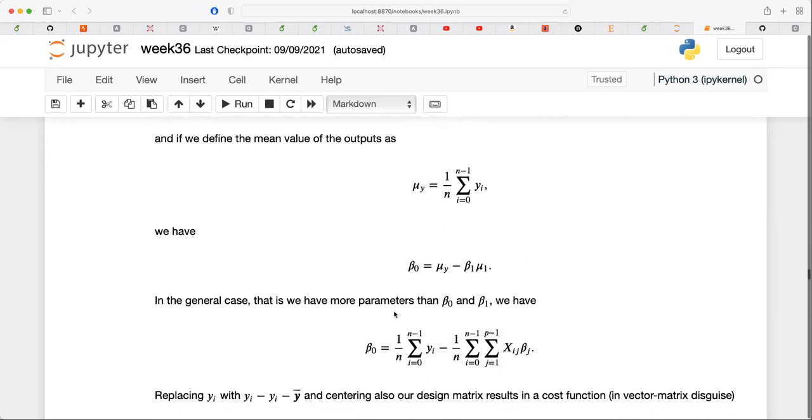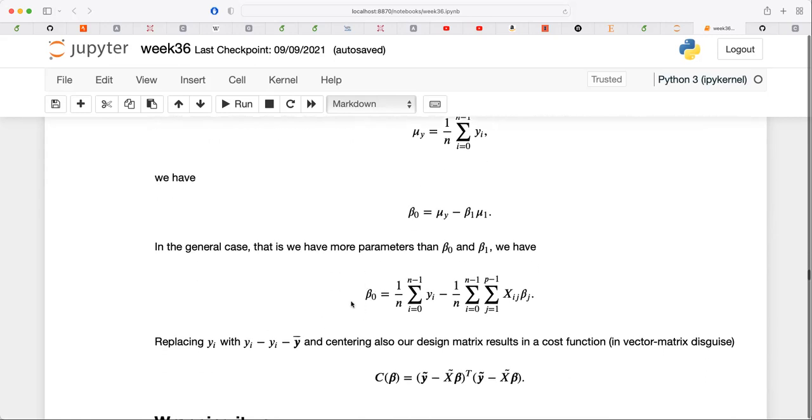In a general case with more parameters, you would simply have to recalculate this quantity. So this is a little bit about the mathematics and how you can reconstruct the intercept without having made a fit of the intercept. Scikit-learn by default does not include beta 0.